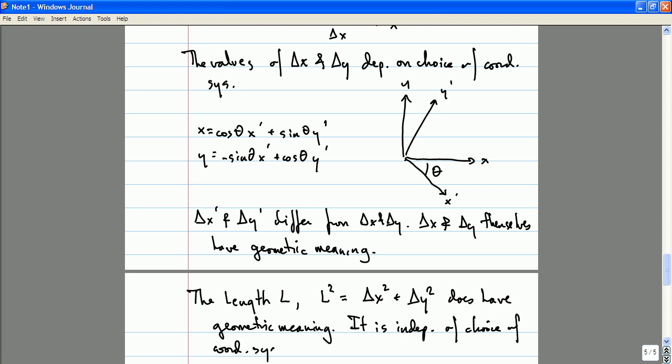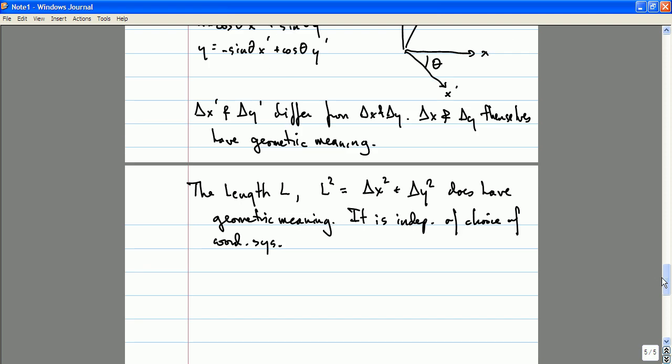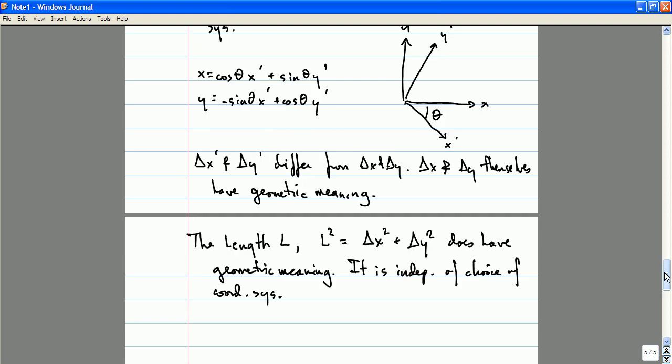So, for example, if you computed the separations delta x and delta y between these points in one coordinate system and compared it to that in another coordinate system, you would find that delta x, delta y themselves would change, but the length delta x squared plus delta y squared would not change.